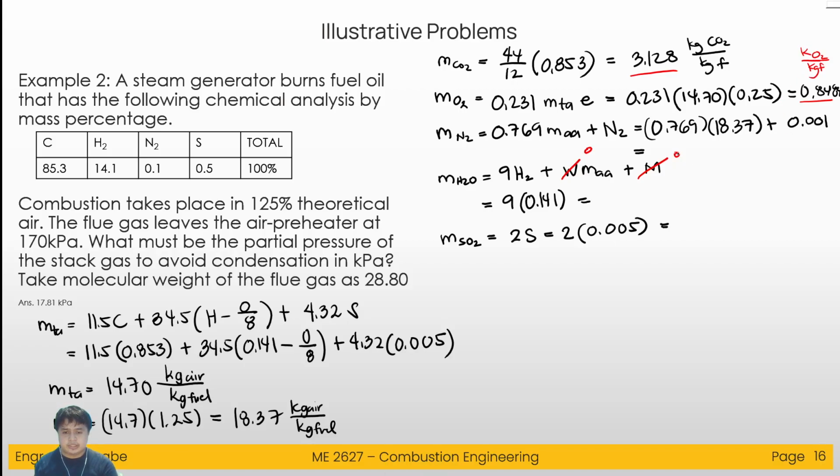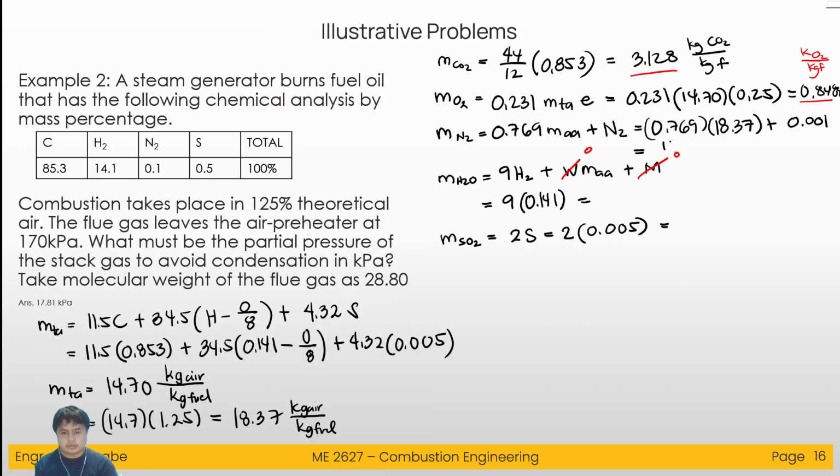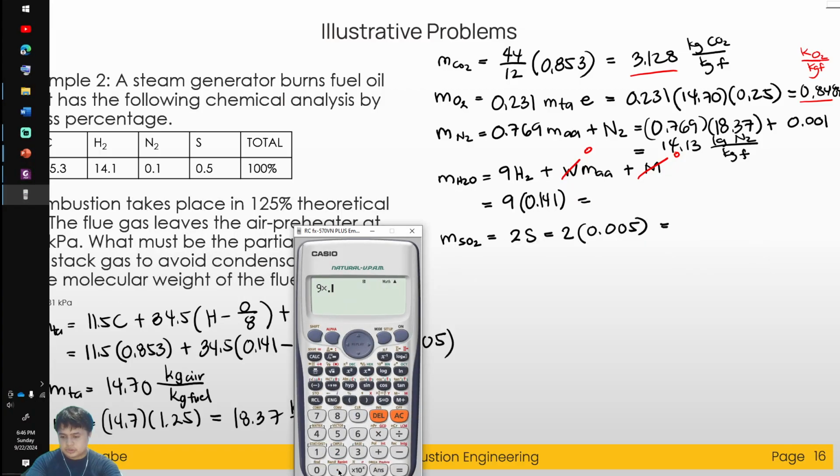Then you have the hydrogen. So the nitrogen, 0.769 times 18.37 plus 0.001. So that will be 14.13. So 14.13 kilogram of N2 per kilogram of fuel. Then for H2O, so 9 times 0.141.